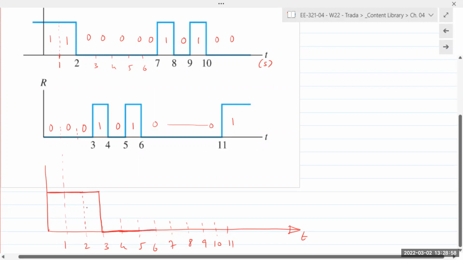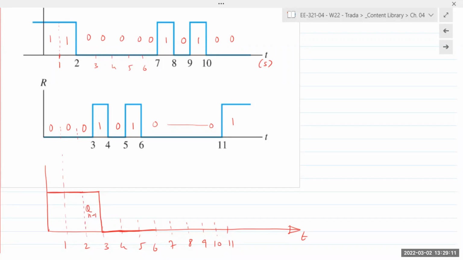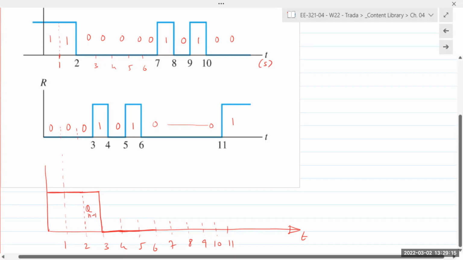So here, let me write down, this is Q n minus 1, where n is equal to 3, so the state is Q2, what the output was at Q2. Does that make sense? Yes.